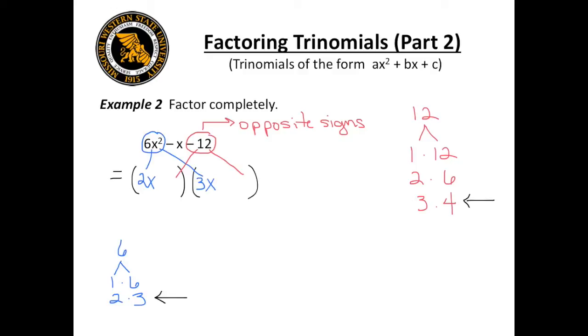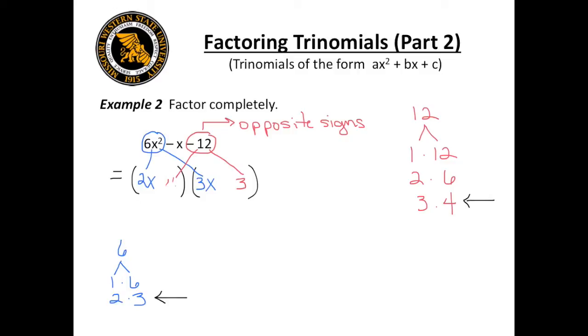Where we place these numbers in our binomials does matter. Suppose we chose to put the 4 in the first binomial and the 3 in the second. Before we even get to the signs, notice that we have some issues because the first binomial now has a common factor of 2, and the second binomial has a common factor of 3, which shouldn't happen since the original trinomial had no common factor.